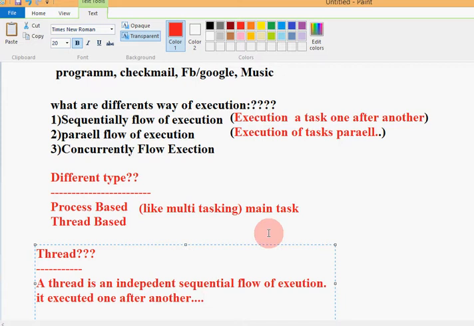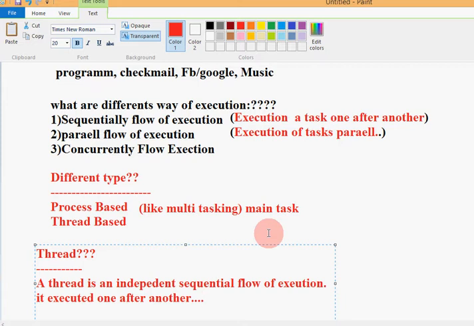I have explained a thread as a sequential flow. Suppose you're buying a ticket. You are standing in a queue, and in front of you there are three persons standing in the queue who want to buy tickets.